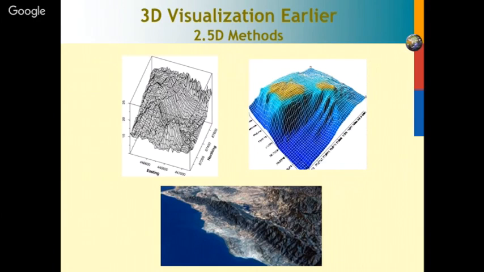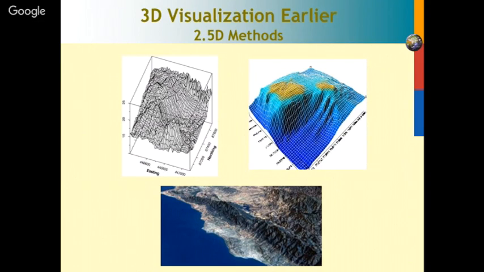Later on, people started using grid data sets and tried to extend them into a perspective view, or 3D coordinate perspective view representation. That's what we call 2.5D. In that case, on each of the grid places we have values, and those values can be considered as a height in the z direction.